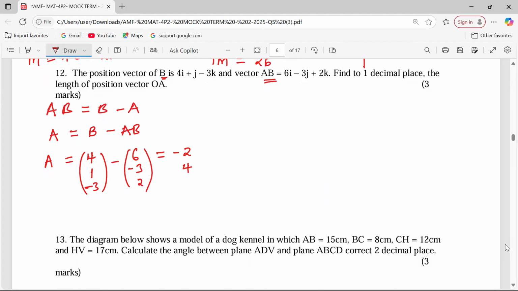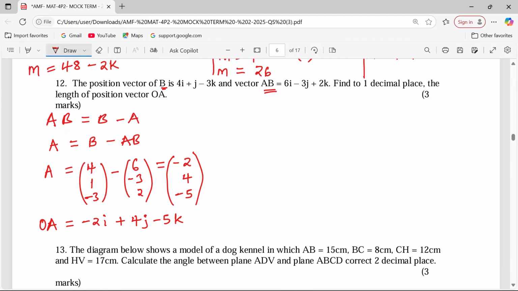Then -3 minus 2, giving us negative 5. So from this, we can say the position vector OA equals negative 2i plus 4j minus 5k.